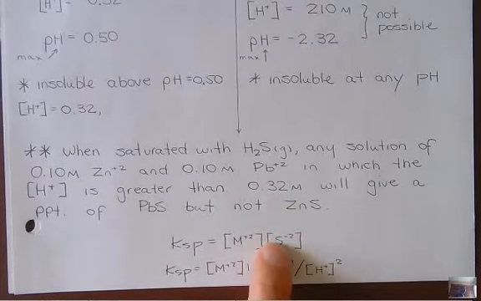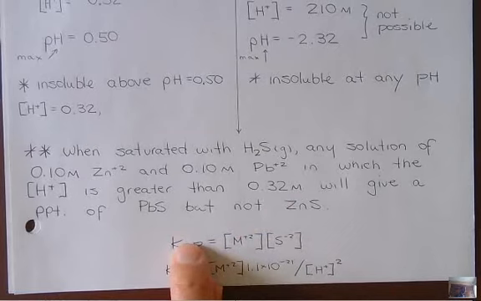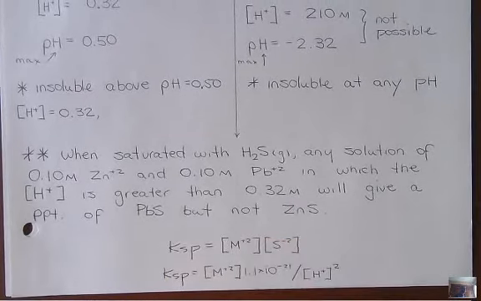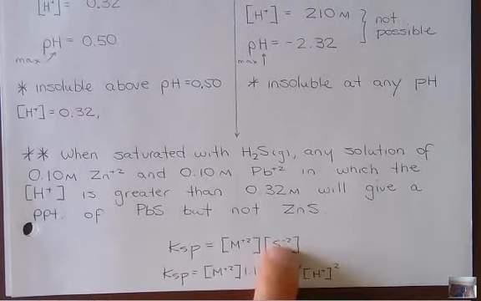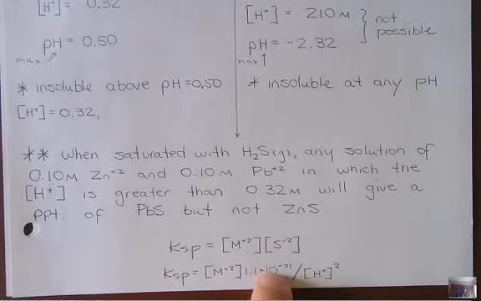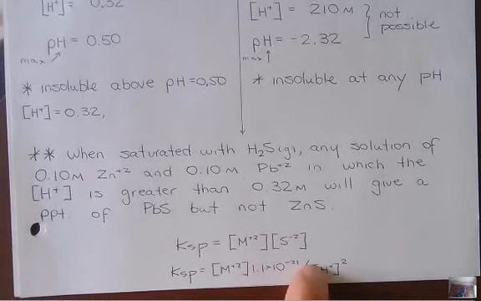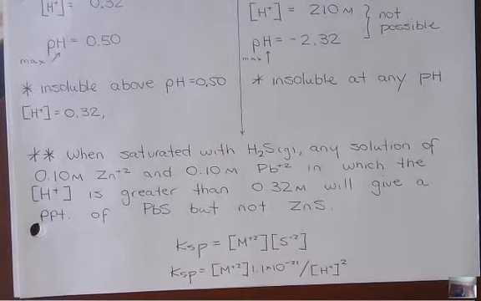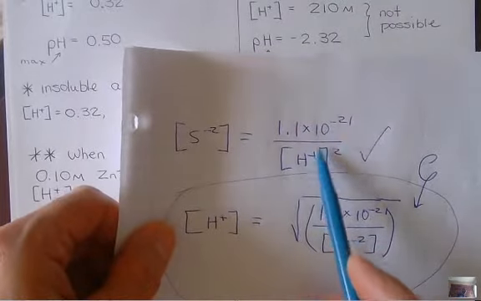We substituted in for the KSP, for the sulfide ion concentration, first of all, 0.1, and then this expression here, which was related to the Ka of H2S. So this all down here is substituted in for S to the minus 2. That's this thing over here.